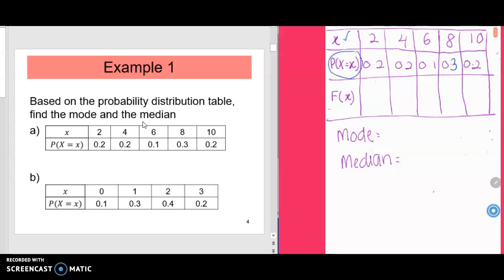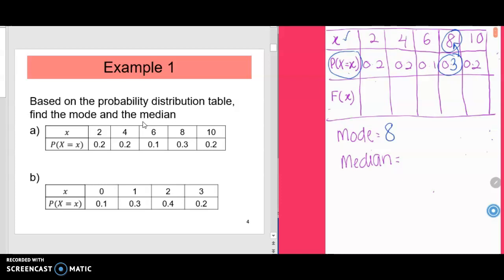So how to determine the value of mode? We refer to the highest probability distribution here. So the highest probability distribution here is 0.3. So that means the value of mode is 8.